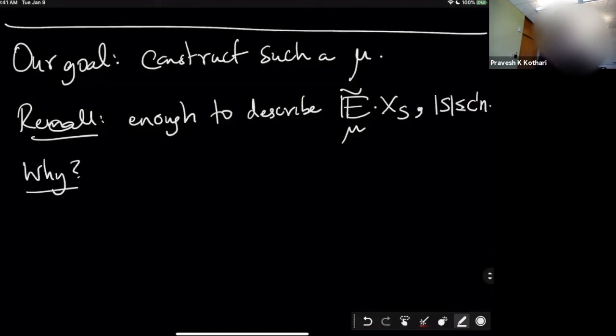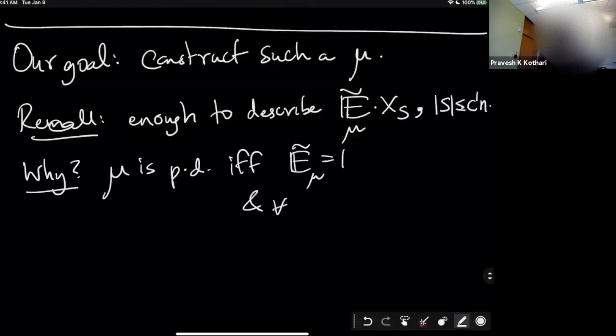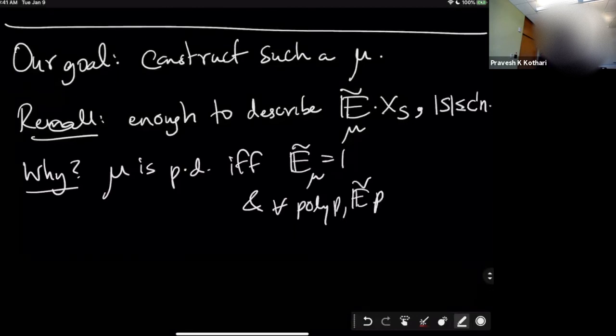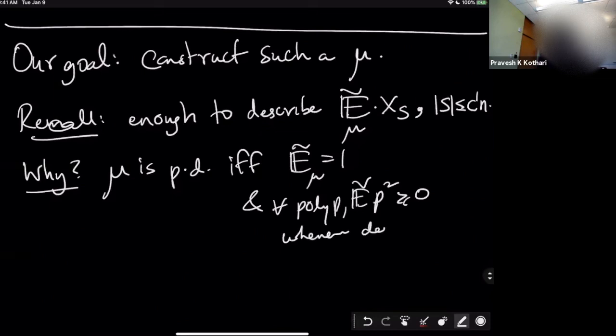We proved that mu is a pseudo distribution if and only if E twiddle mu of 1 is 1, and for all polynomials p, E twiddle mu of p squared is bigger than or equal to 0, whenever the degree of p is at most C prime n by 2.